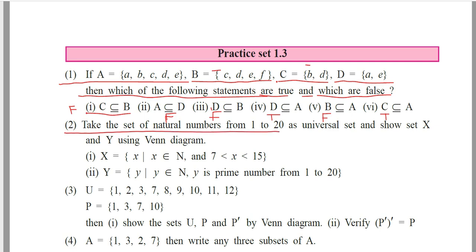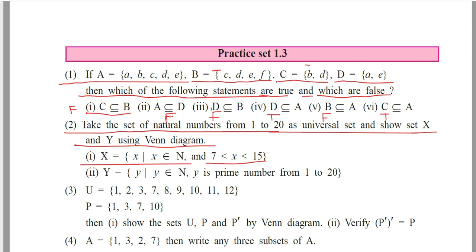Next, take the set of natural numbers from 1 to 20 as a universal set and show the set capital X by using the Venn diagram. That is, capital X is equal to x such that x belongs to the set of natural numbers and x lies between 7 and 15.